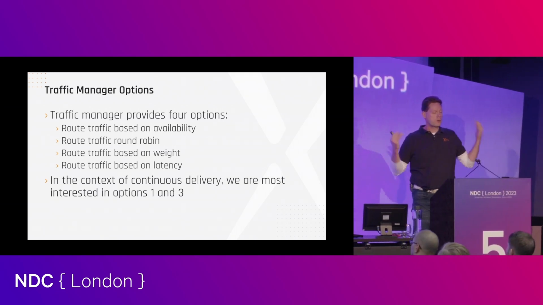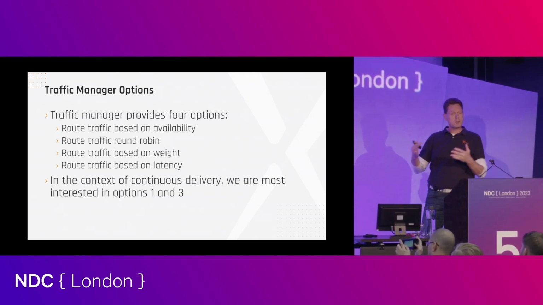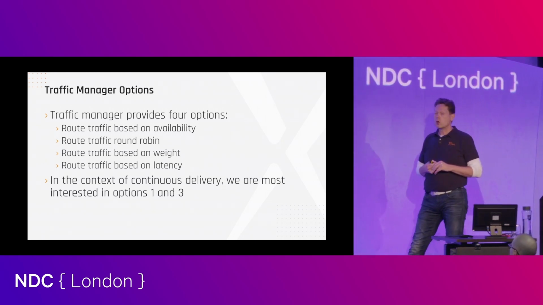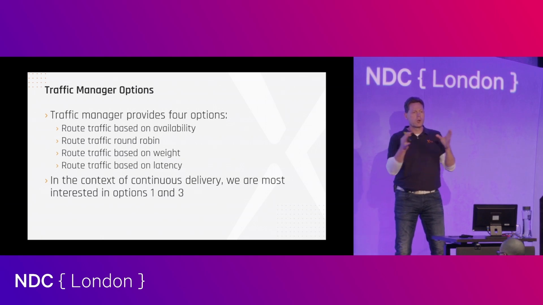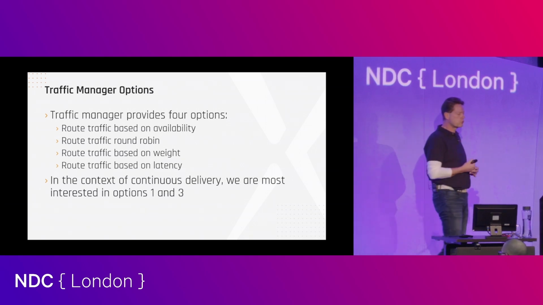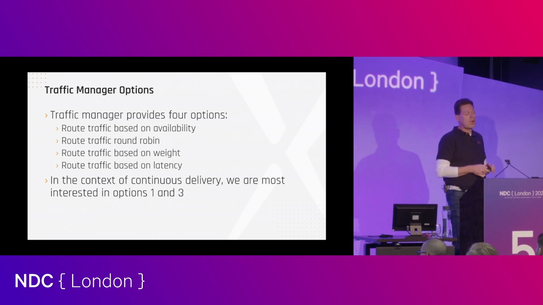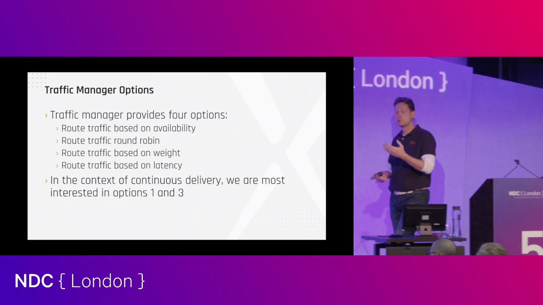It can route traffic based on availability. So is my service up and running? It provides routing based on round robin, giving you a little bit of load balancing across different servers that you might have. It can do traffic-based routing on weight, and that means that you can give percentages.